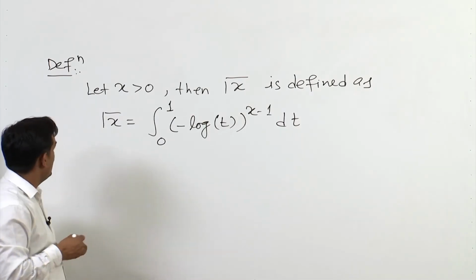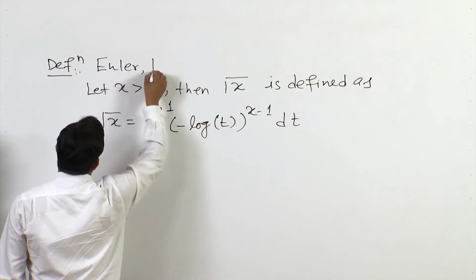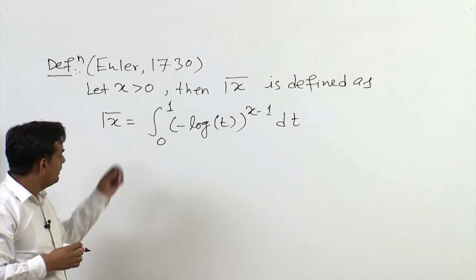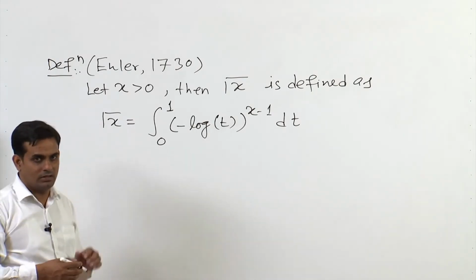So this was the definition given by Euler in 1730. However, we rarely find this definition in textbooks.